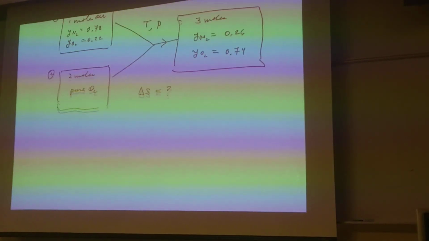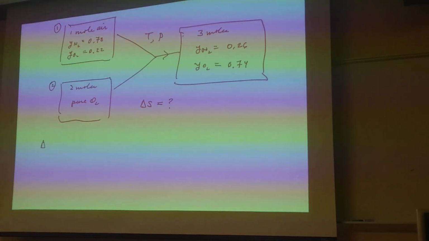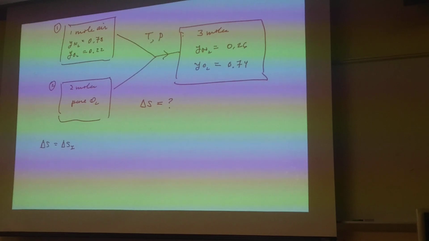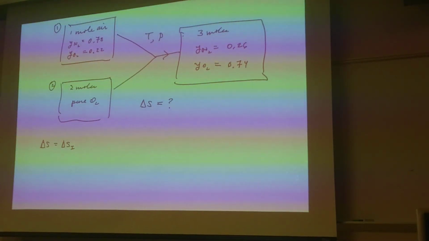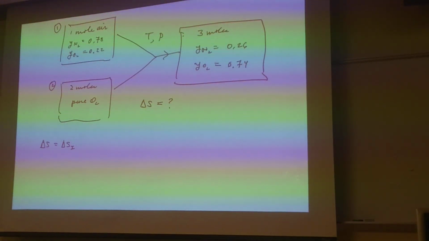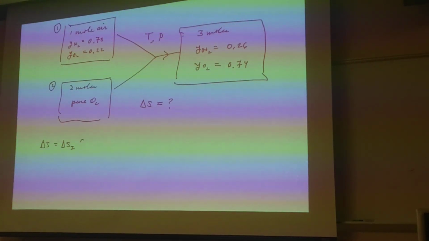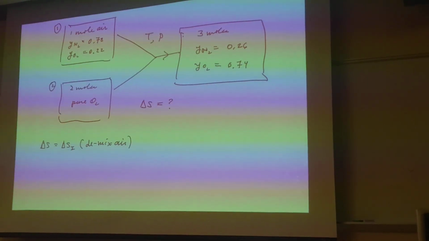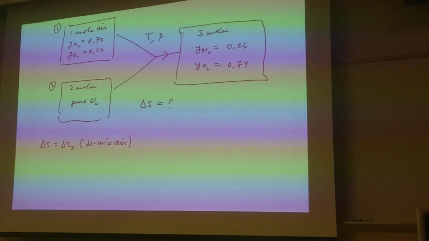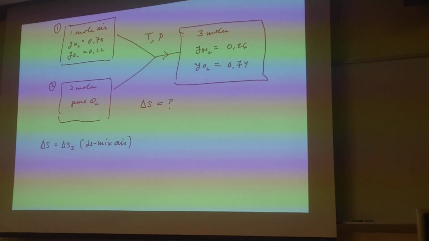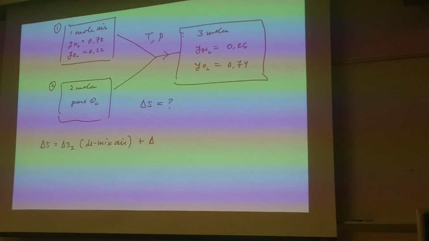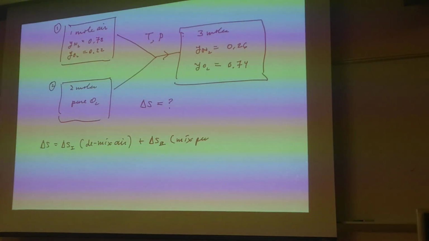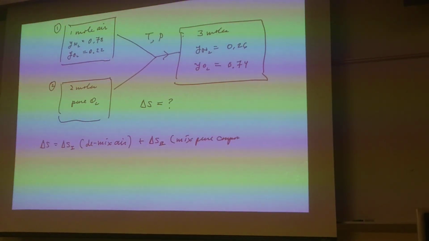So to solve this problem, calculating delta S, I break it up into 2 steps. So delta S1 is what I do to bring these, first of all, delta S1 will be to demix the air. So now I'll just have a set of pure components plus delta S2, mix the pure components.